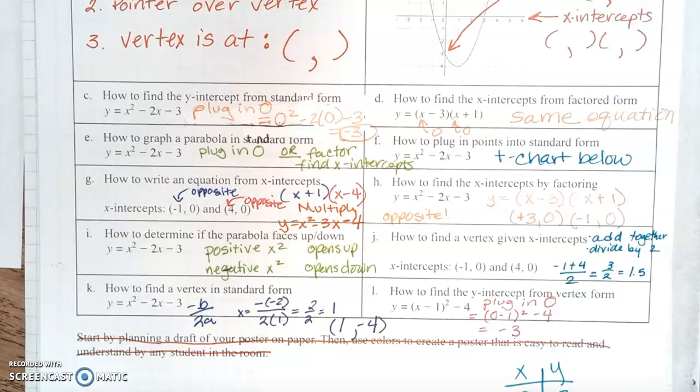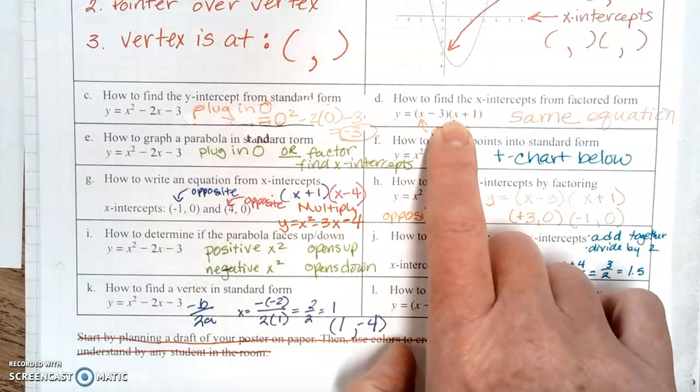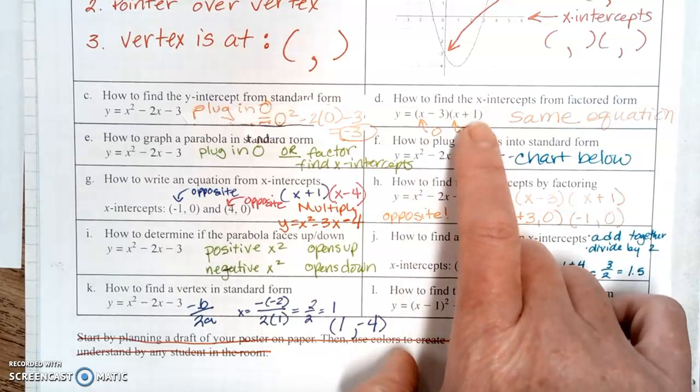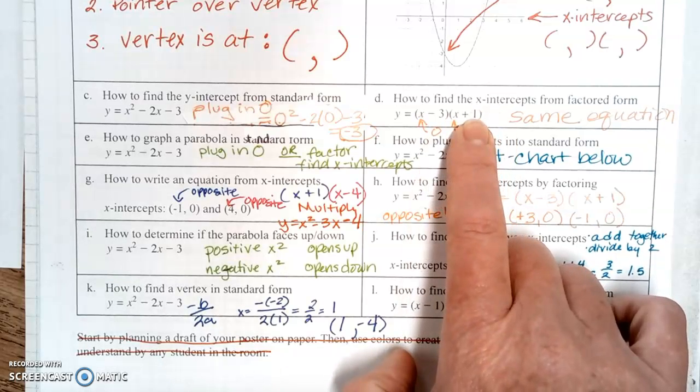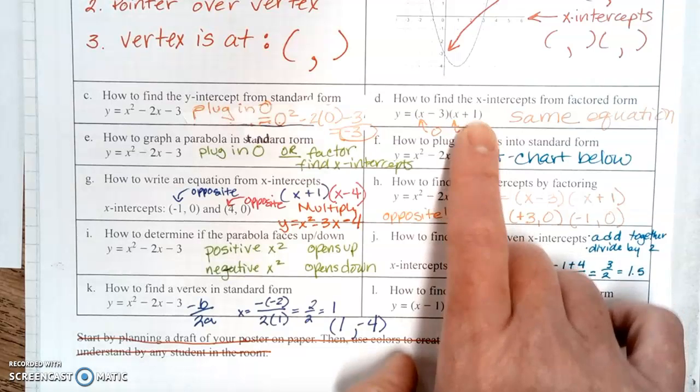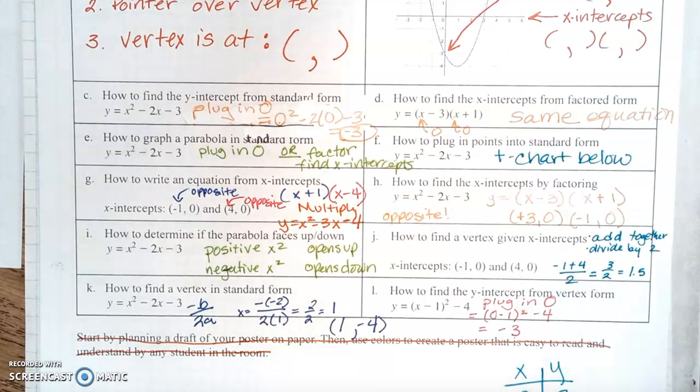Because 3 and negative 3 are opposites. When you add them together, you get 0. That means you have an x-intercept at positive 3. Then you figure out what number plugs in for this x to get 0. What number plus 1 is 0? Negative 1, right? Negative 1 and 1 are opposites. When you add them together, you get 0.